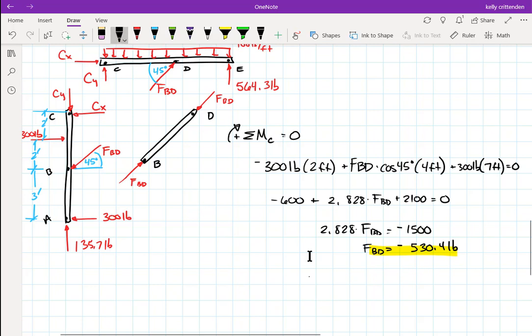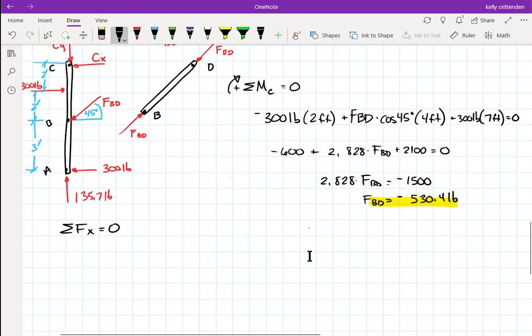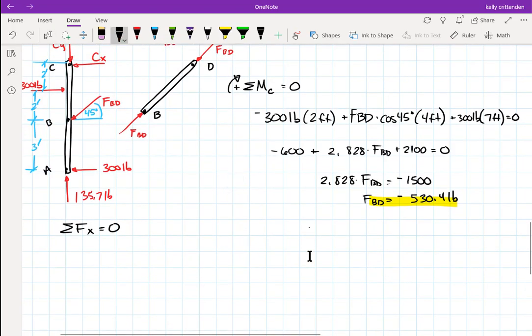All right, we don't know CX and CY. Now it would make sense to do summation of forces in X or Y, so let's do X. So we have, the way I drew it here, negative CX plus 300 pounds minus FBD times the cosine of 45 minus 300 pounds has to add to 0.